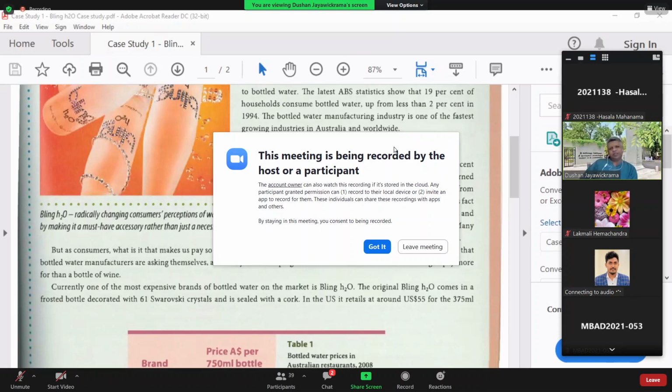Right. Okay. Would you like to share what you have observed or any points you noticed, starting from group 1 or group 8? Anyone from group 1? Anyone from group 8?